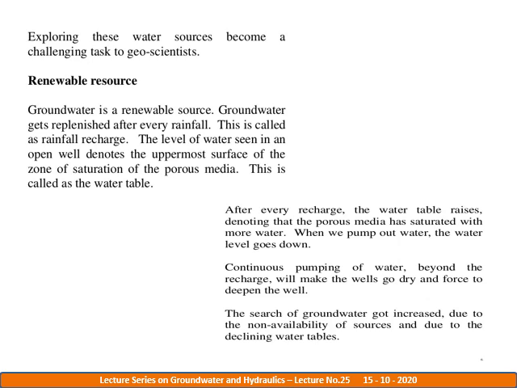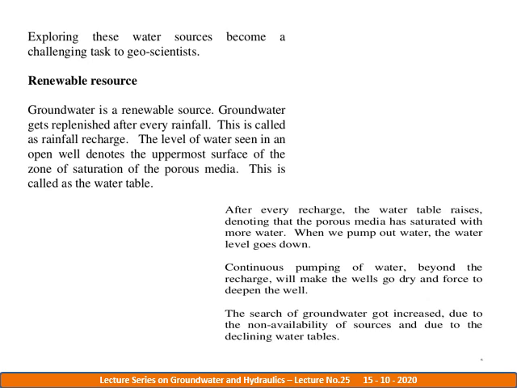When we pump out water, the water level goes down. Continuous pumping of water beyond the recharge will make the wells go dry and force us to deepen the well. The search for groundwater has increased due to the non-availability of sources and the declining water tables.